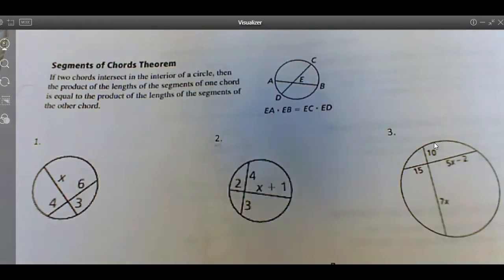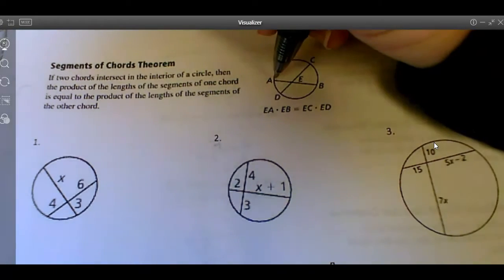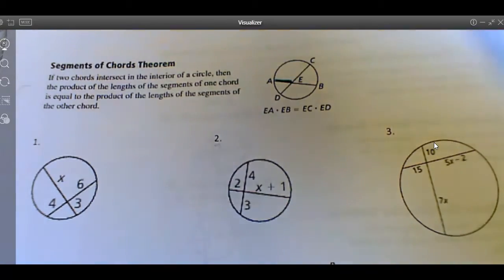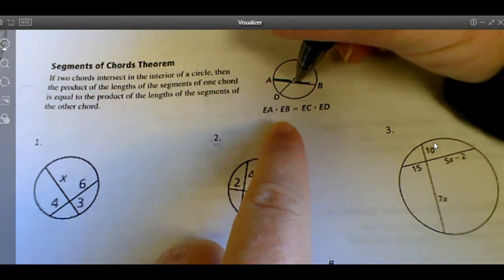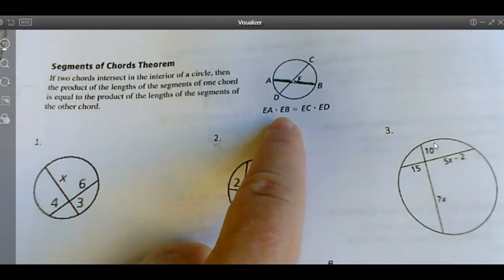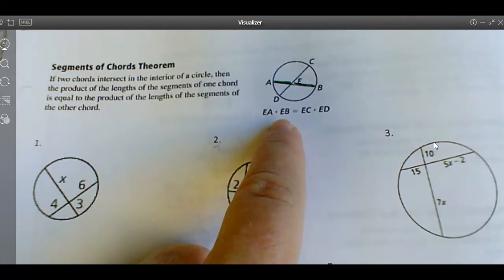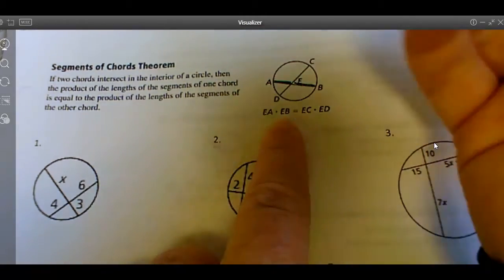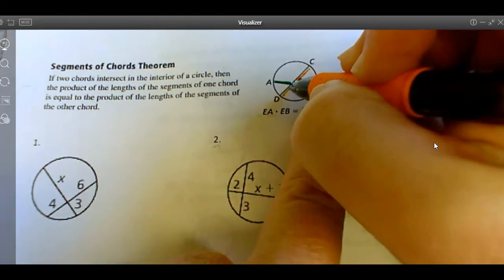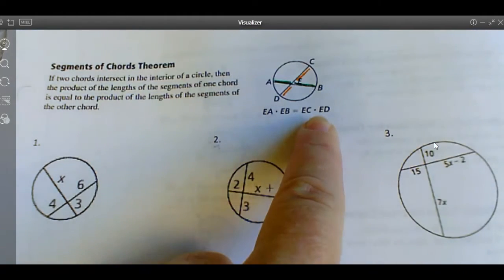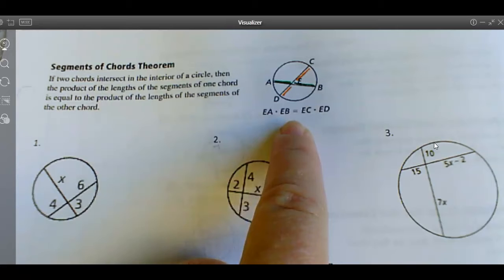If I want to find the sides, then I'm going to take one part of the chord and multiply it by the other part of the chord. That's what that right there says. Multiply the two parts of the chord together. Then I'm going to take the other chord and multiply its two parts together. Those two things have to equal each other. Okay?